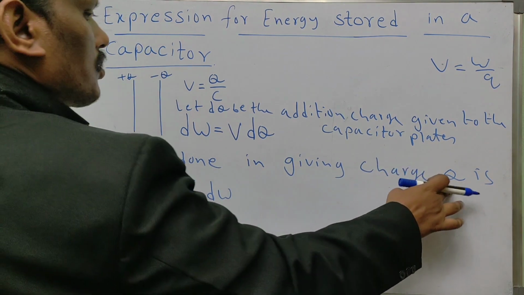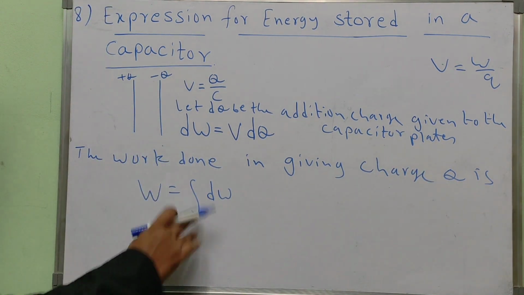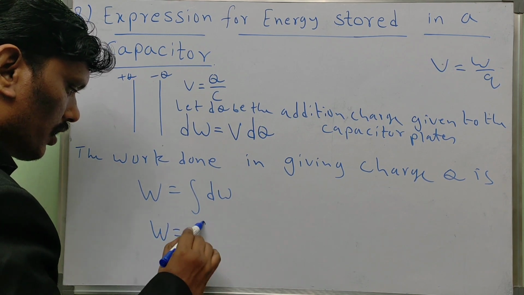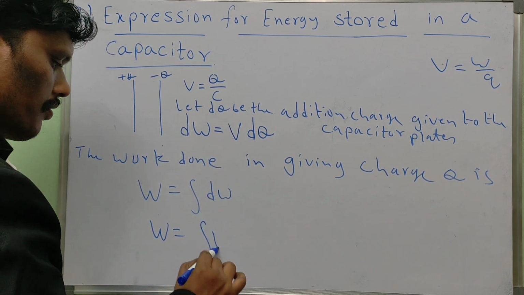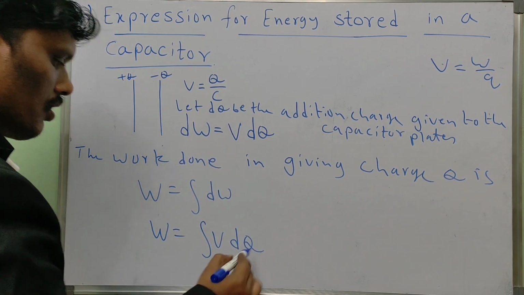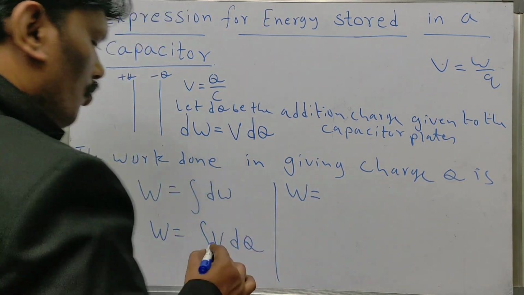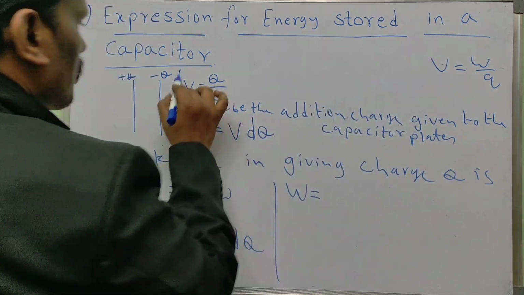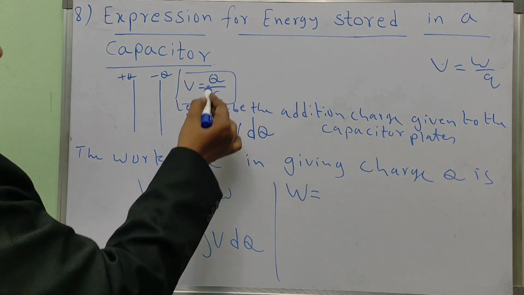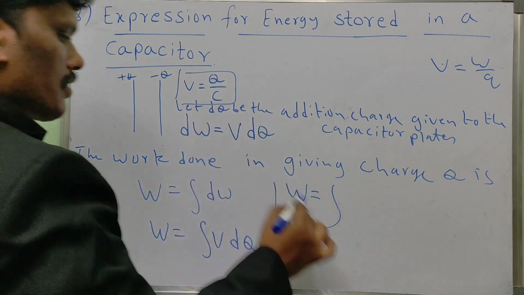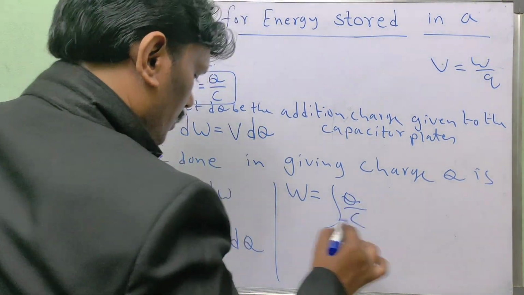To give total charge Q, it is the integral of that small work done. Then work done is equal to integral of dW, that is V dq. What is V from here? Q by C. Substitute here: integral of Q by C into dq.